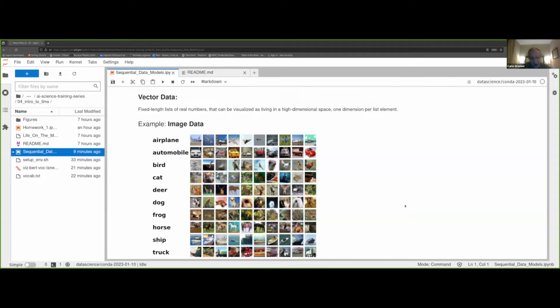One example I've shown here is from CIFAR-10. These are a few sample images. Image data can be thought of as vector data. An image with, say, a few thousand pixels and 3 colors is maybe 10,000 real numbers, and you can visualize each image as a vector in a 10,000 dimensional space, say a 10,000 dimensional hypercube.